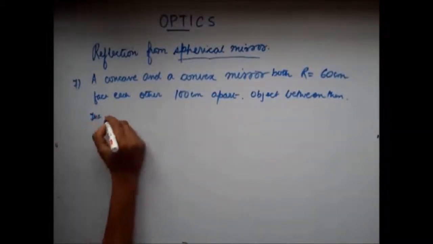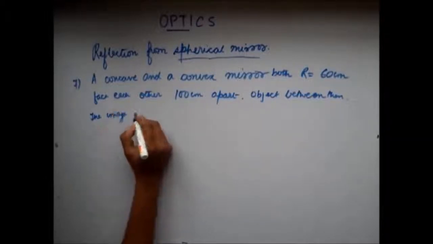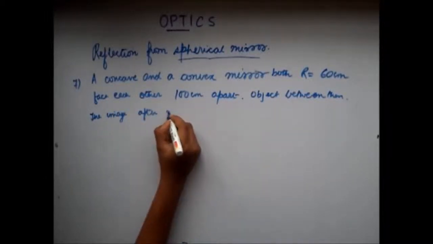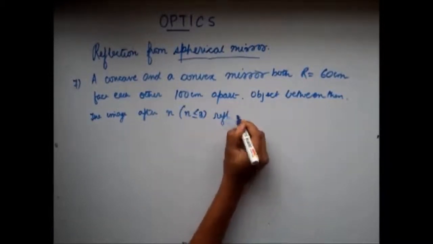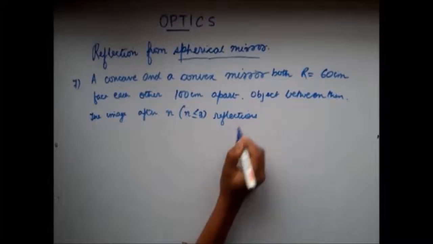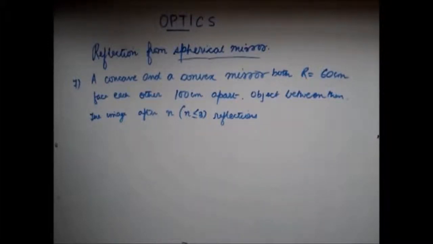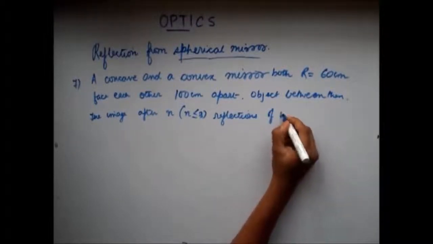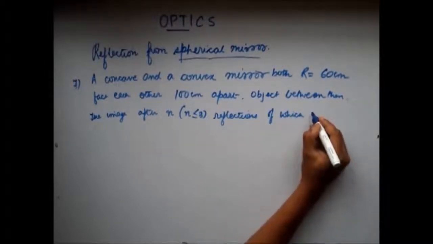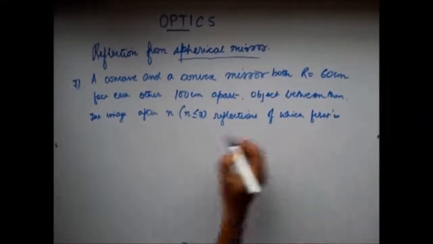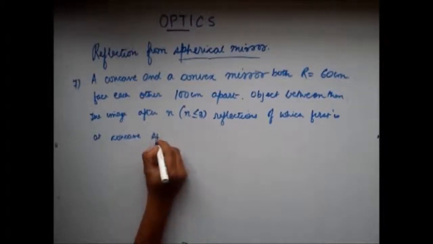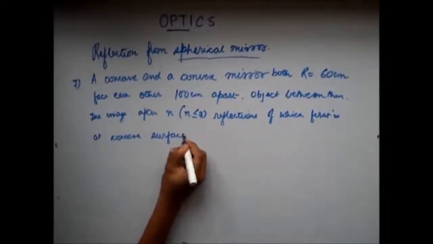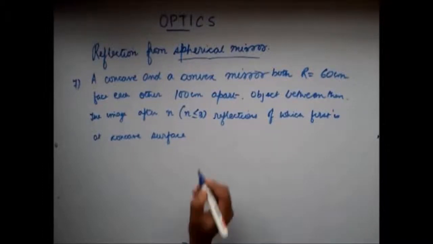The image after n, where n is less than equal to 3, reflections, of which the first is at the concave surface, coincides in position with the object.